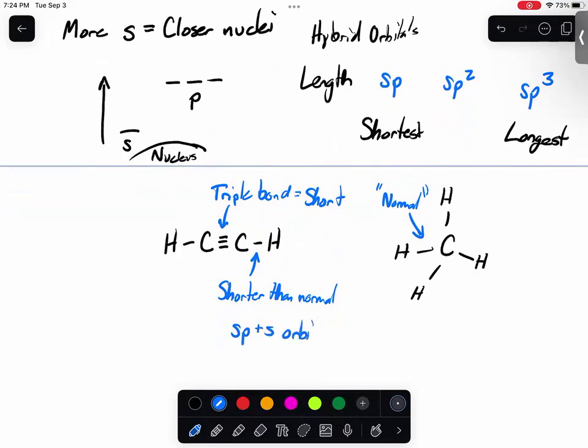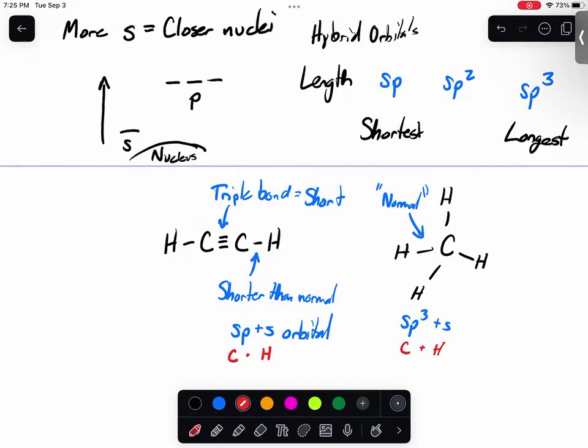The sp comes from the carbon, the s comes from the hydrogen, versus over here in methane, it is an sp3 and an s orbital. And as we see above, since sp has more s than it does p, that means that it is shorter than an sp3 orbital.